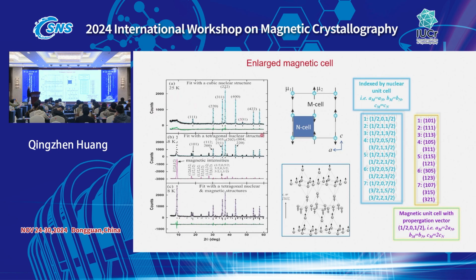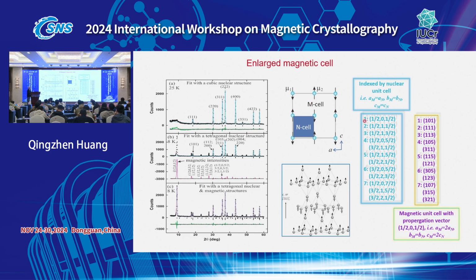And this is this compound's magnetic index. All of the index in the K propagation vector behavior, you can index by half, 0, half, which is double A and double C. So you need to create four times the unit cell in GSAS.